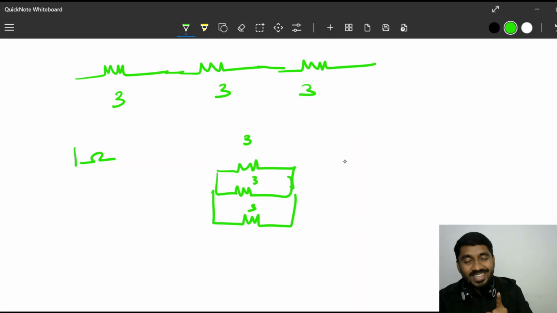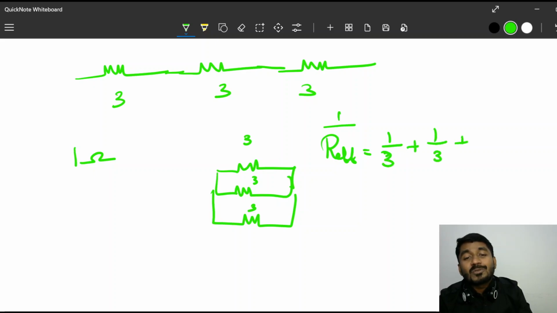Now let's see how we can find the effective resistance: 1 by R effective is equal to 1 by R1 plus 1 by R2 plus 1 by R3. Since the denominator is the same, we can add the numerators: 1 plus 1 plus 1, it is 3 by 3, which is equal to 1 ohm.